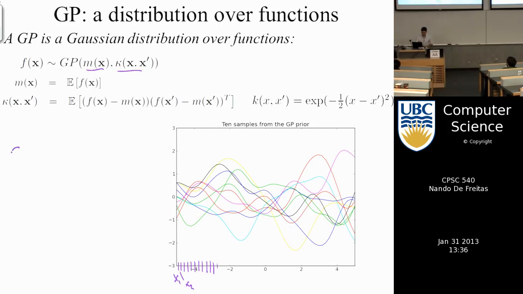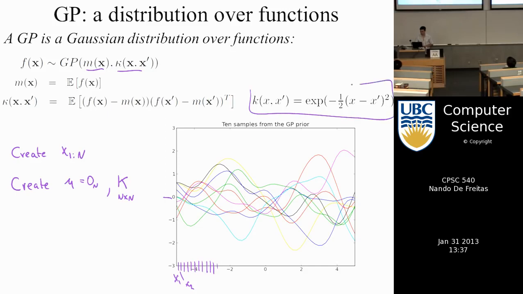So I create x1 to n. From x1 to n, I create mu. In this case, I've chosen mu to be the zero vector. So it's the zero vector with n entries. And I create a matrix K, which is n by n, which I create using this formula. So that 2 points that are close by are most similar. 2 points that are far apart should be less similar.